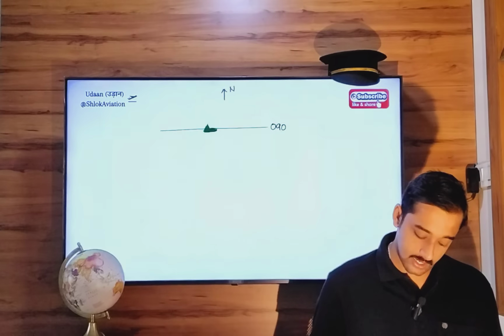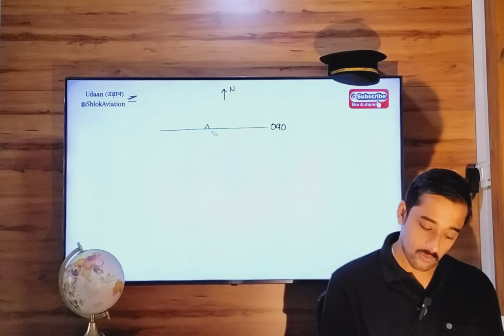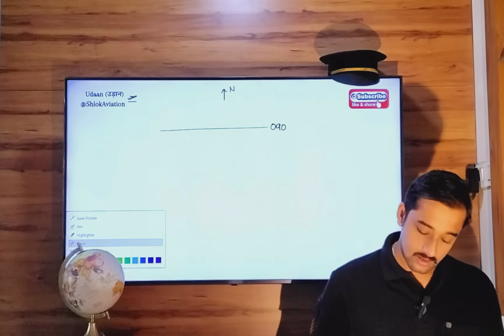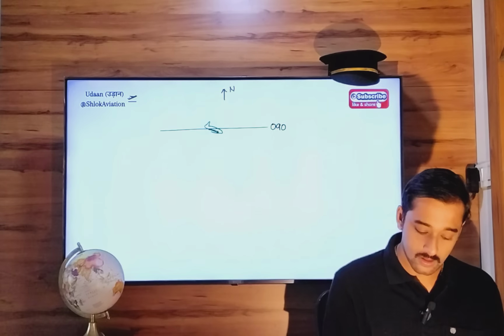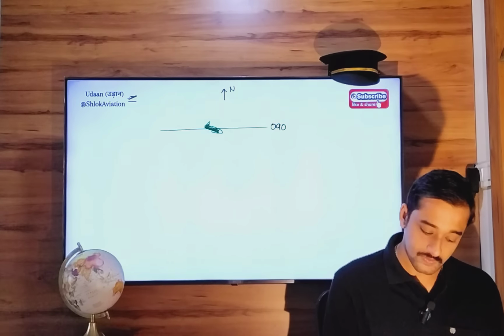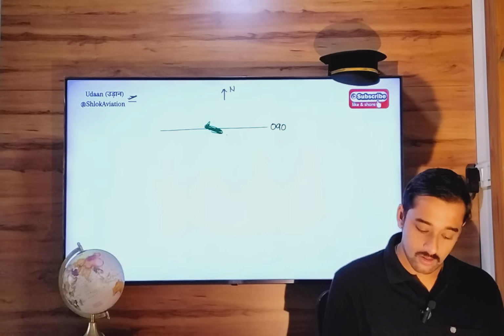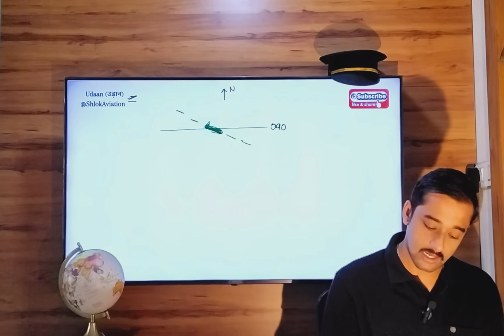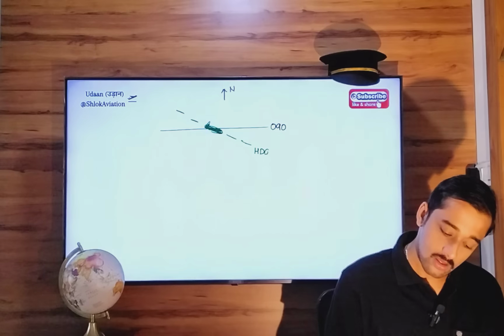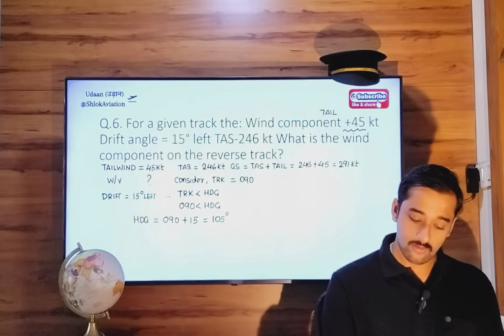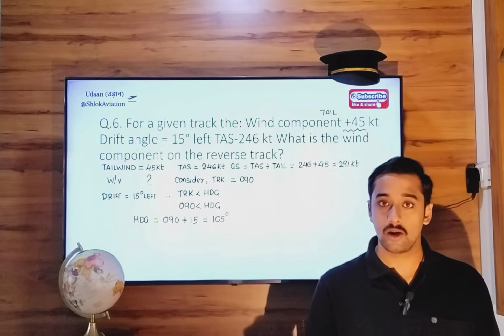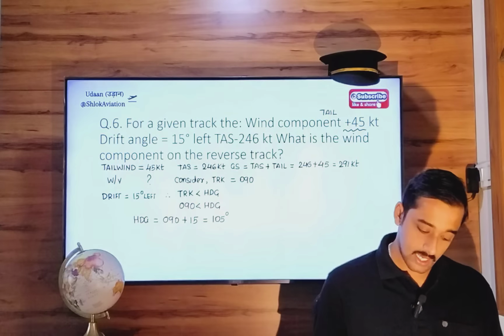So heading of this aircraft will actually be 105 degrees. Heading 105. Now using these values, we will find wind velocity on this track using CX3.